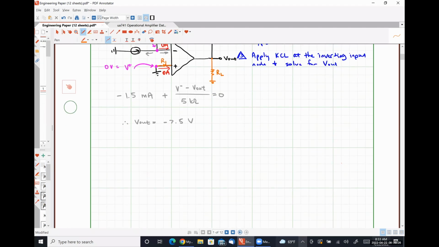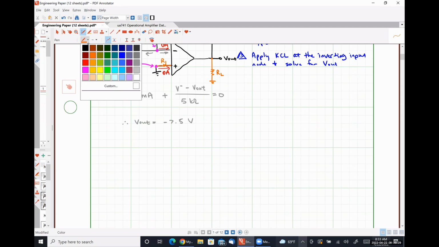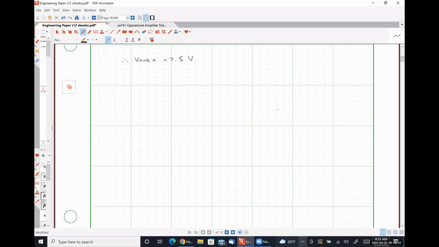So let's take our last circuit and make a relatively minor change that will actually influence the behavior quite a bit. Instead of tying my non-inverting input terminal to ground, I'm going to now tie it to a 3-volt source.